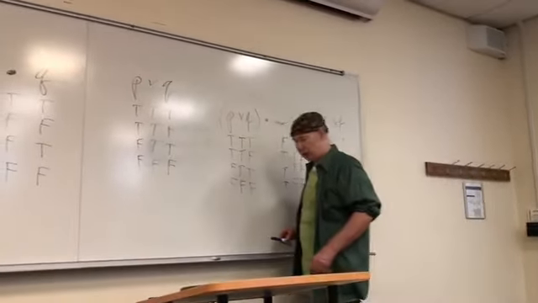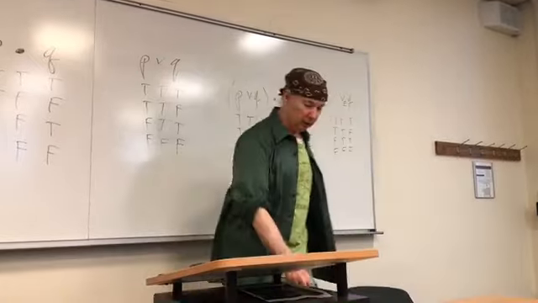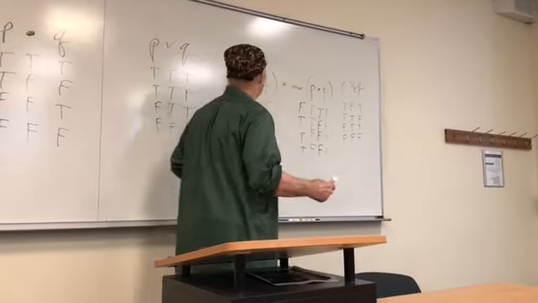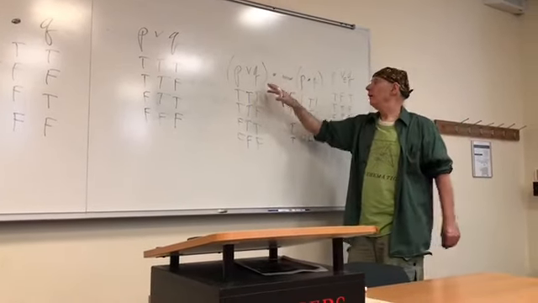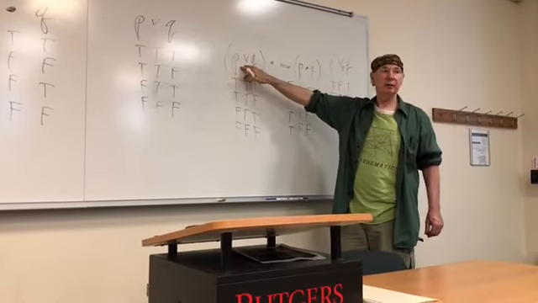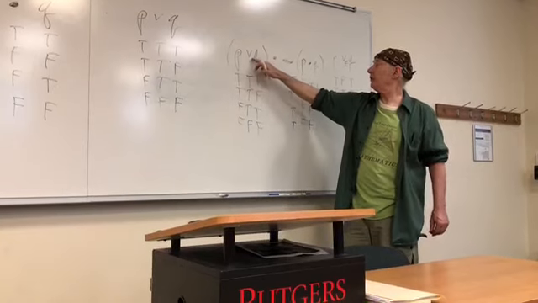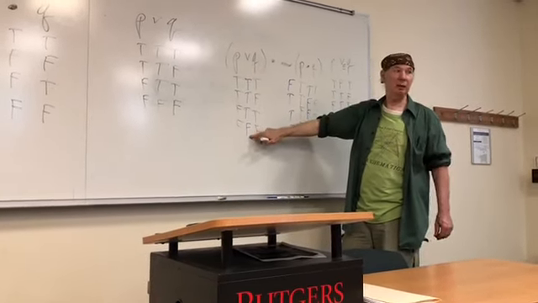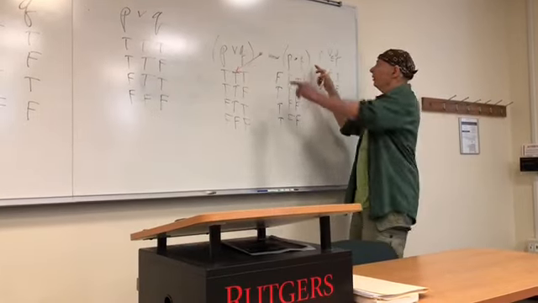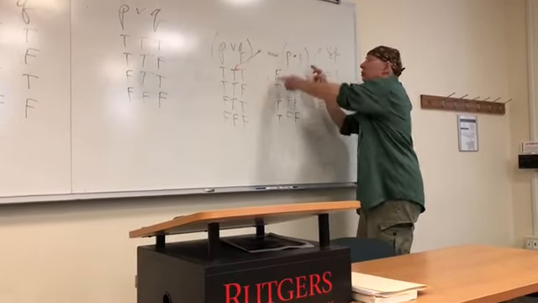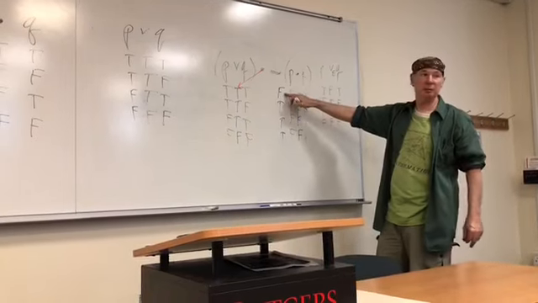Okay, and now we are going to dot that wff, whose truth value is the blue column, to this wff, whose truth value is the first blue column.